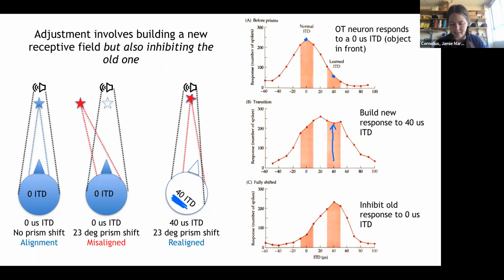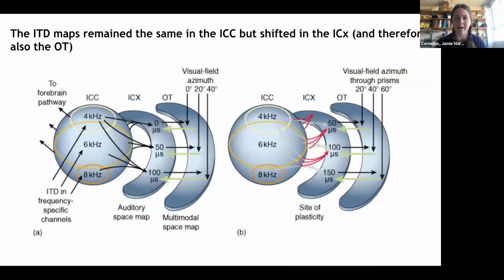And then interestingly, after a full six to 8 weeks, you see that the responsiveness to the original correct interaural timing difference has now been inhibited. We're going to see why.